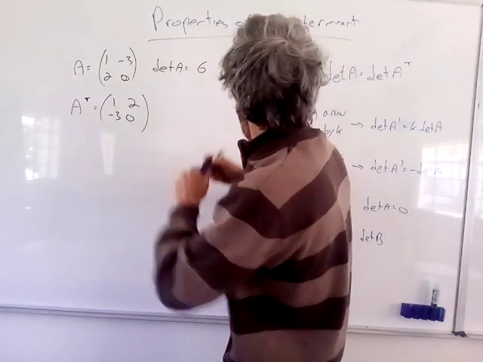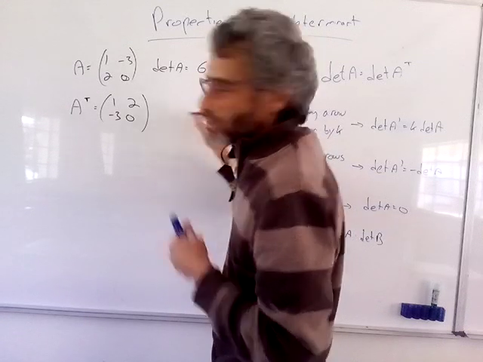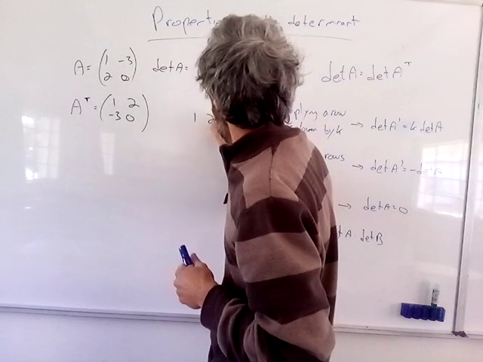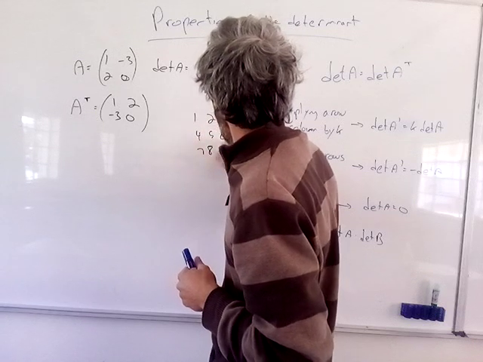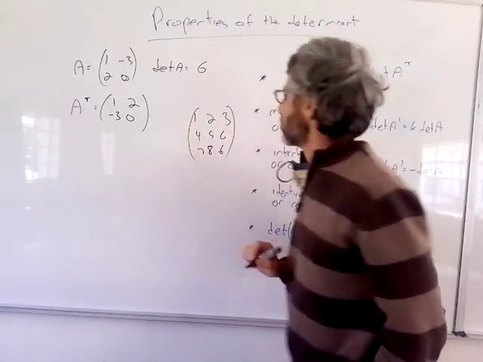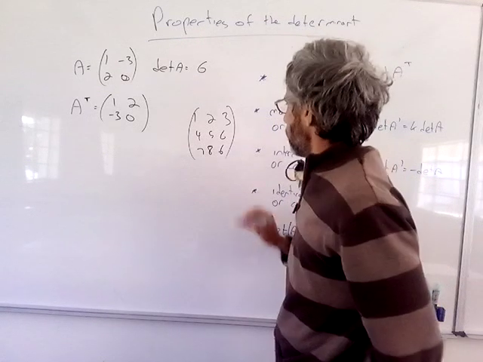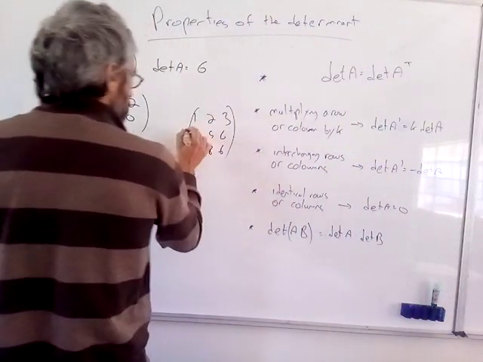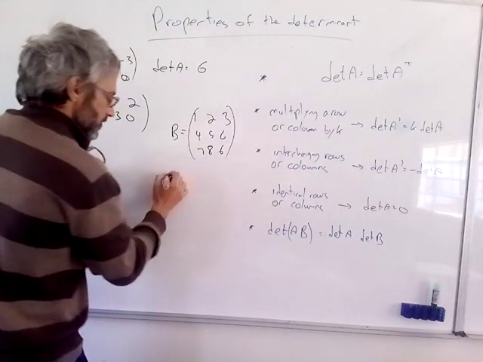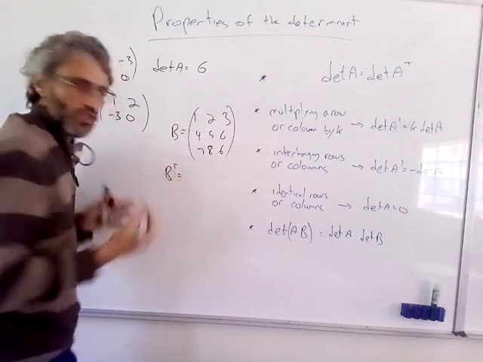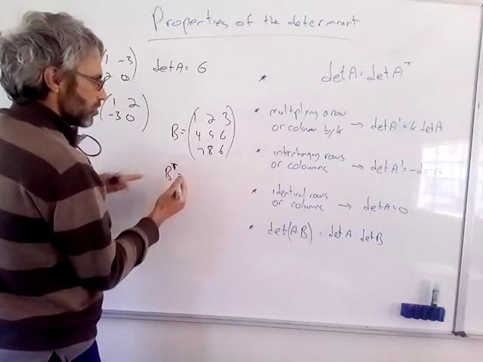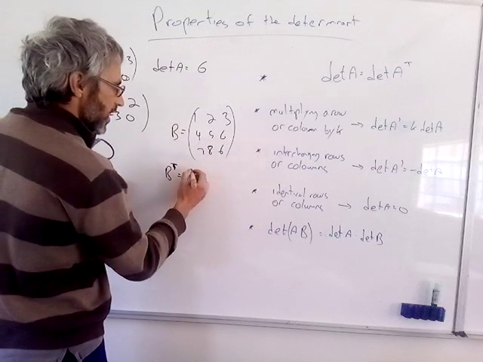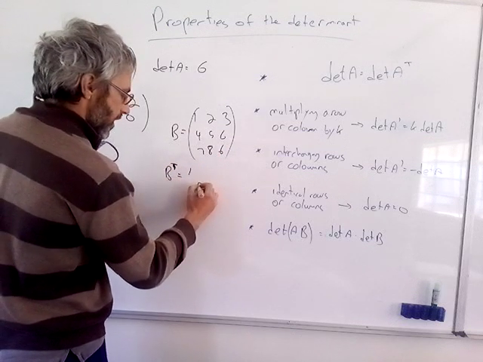I know I said I'm not going to use 3 by 3, but let's say we have 1, 2, 3, 4, 5, 6, 7, 8, 9. Let's say this is a matrix, and I'll call that B. Just to make sure you understand what the transpose means, if I want to take this matrix and do the transpose, then I'm going to write 1, 5, 9.